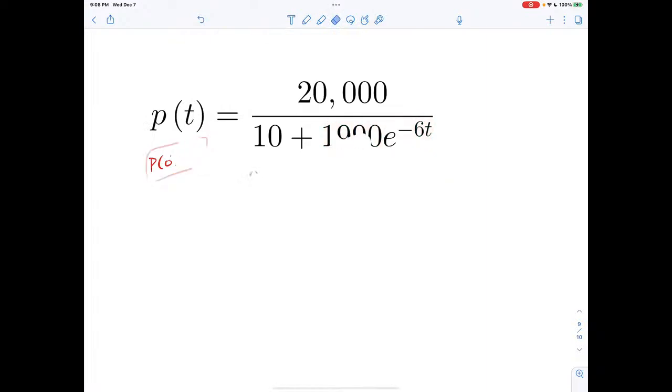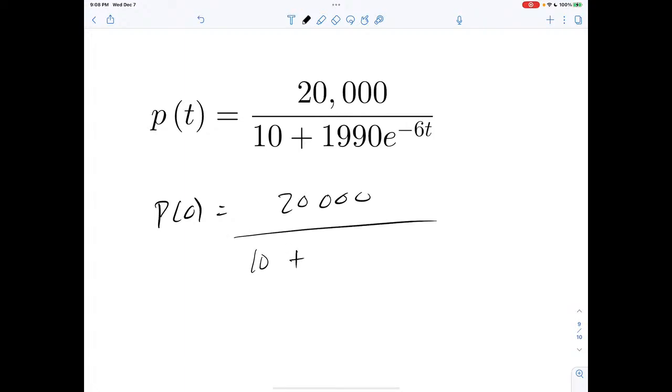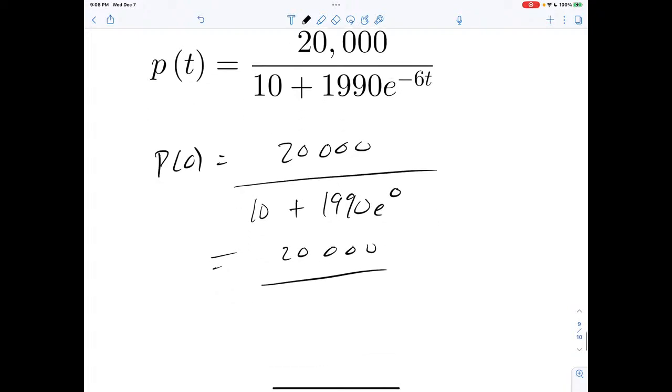Okay. So P at 0 is going to be 20,000 divided by 10 plus 1990 e to the 0, which is 20,000 divided by 2,000. Is that right?